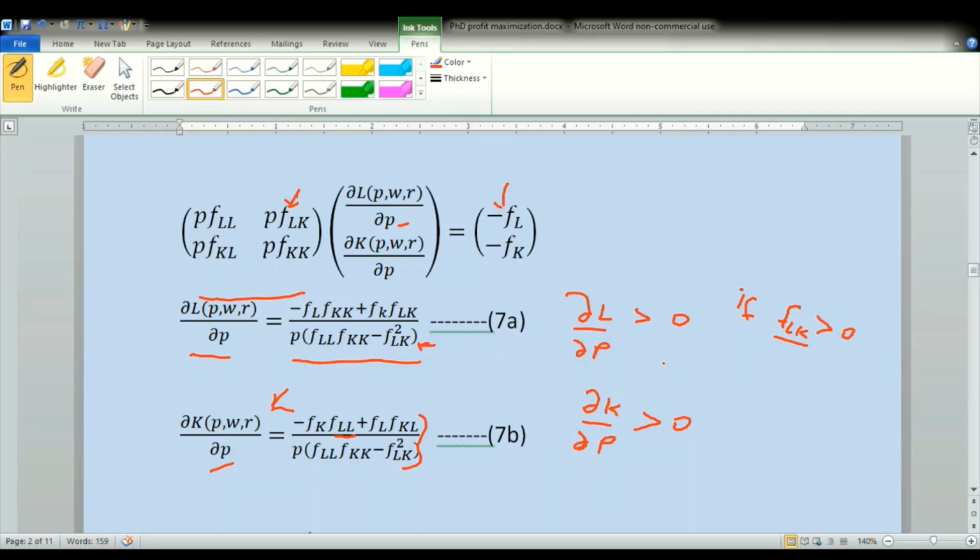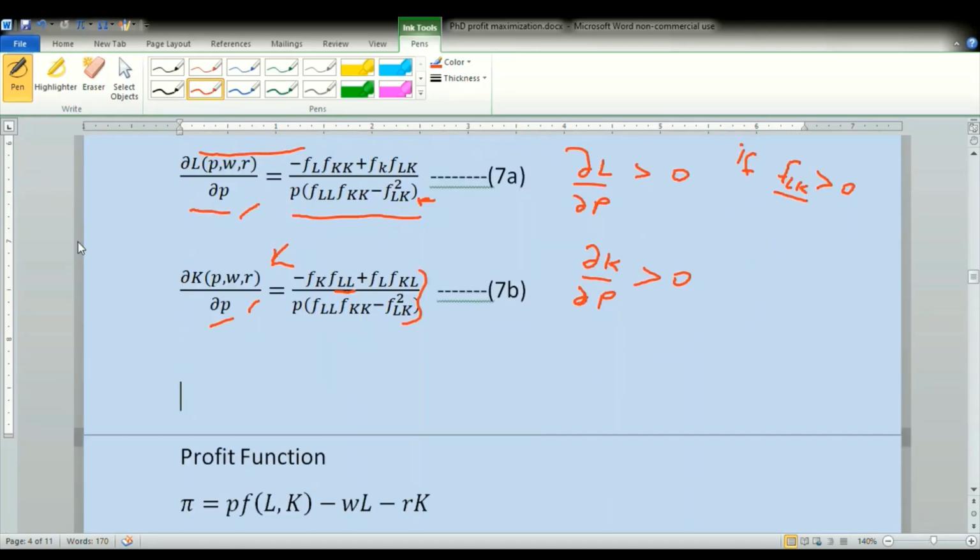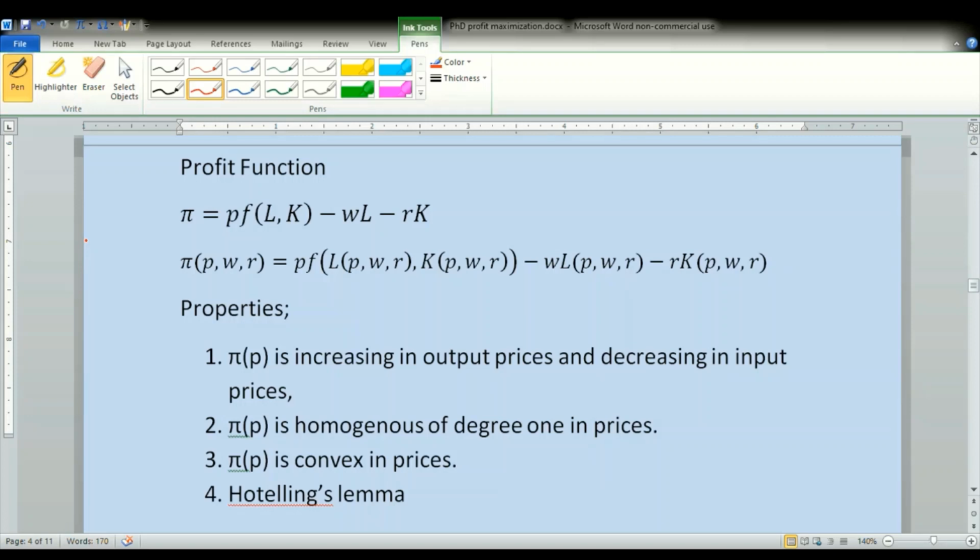Okay, let's move to another point. If we insert the factor demand functions into the profit equation, we get what is known as the profit function.